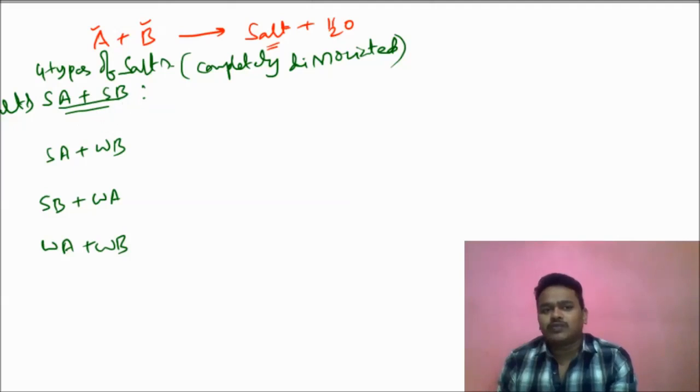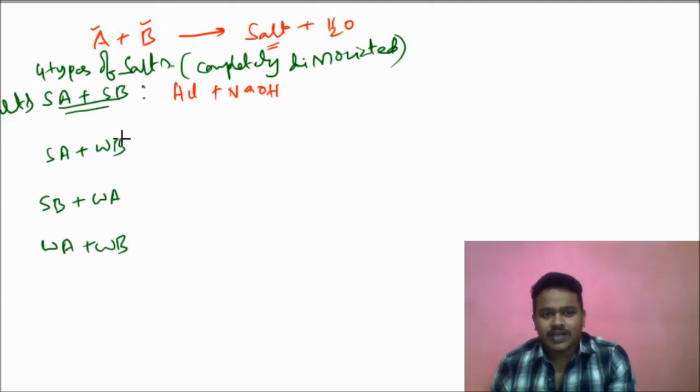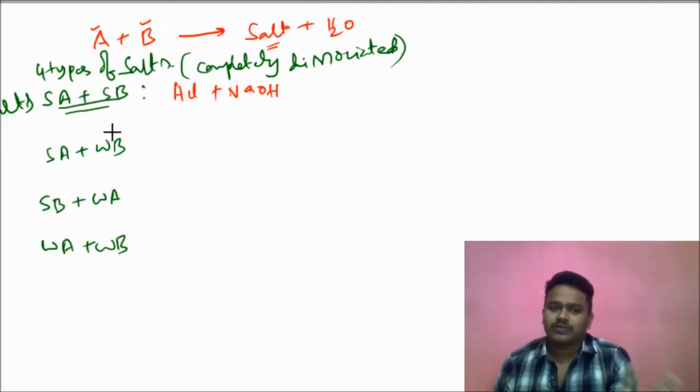I will take any strong acid, HCl, plus any strong base, NaOH. Everybody should know 2 examples for a strong acid, 2 examples for a strong base, 2 examples for a weak acid and 2 examples for a weak base. We have to know them, then only the salt will come.